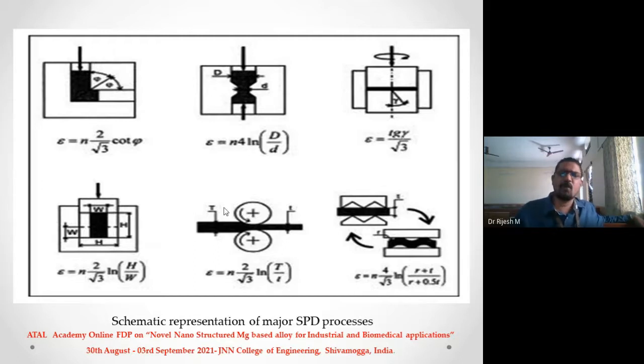In accumulative roll bonding, you are going on rolling. When you're rolling, yes, your length increases, your thickness reduces. Then I cut it into 2 pieces and roll again. So I go on rolling like this, till I get a fine grain structure.